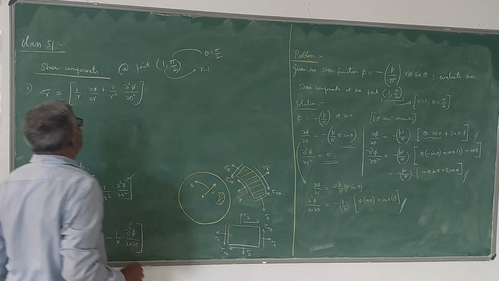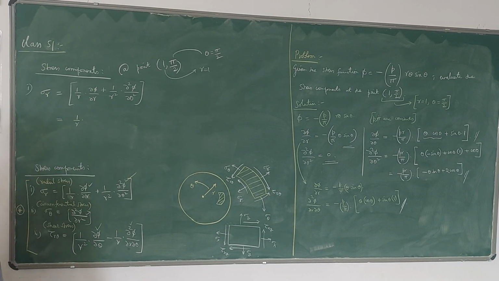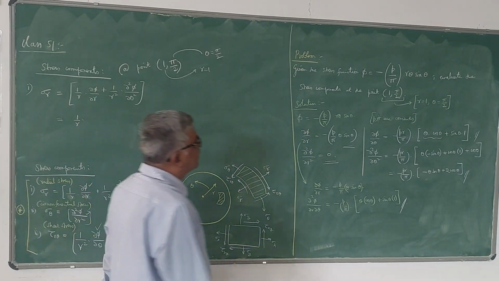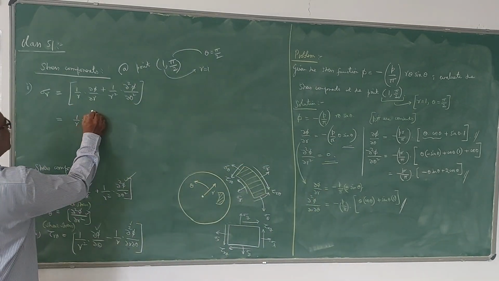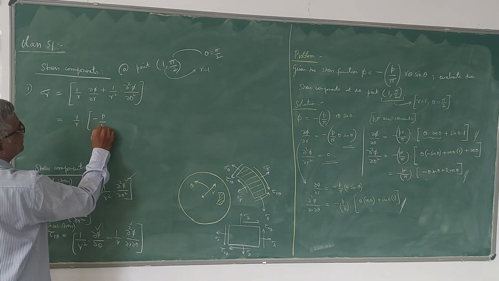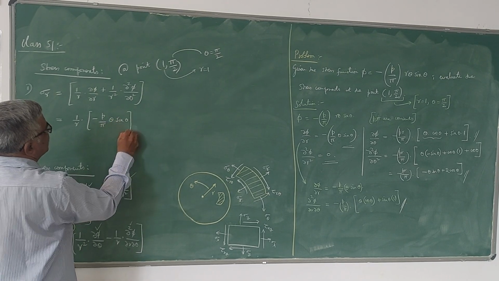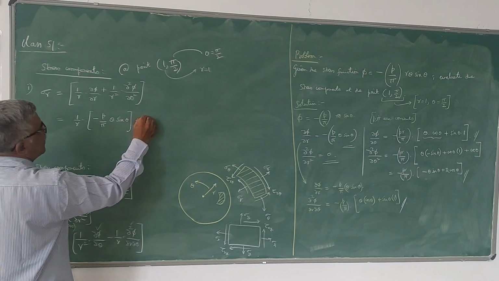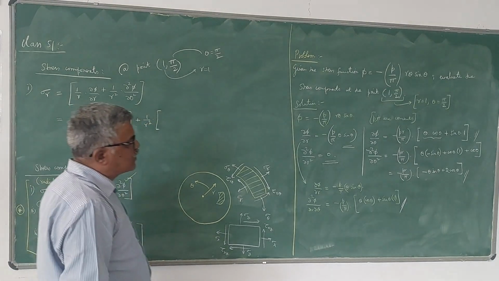Now substitute. First I will write the expression: 1 by r into what is ∂φ/∂r? This one. This I have to put: minus P by pi theta sin theta. Be careful with the signs. That is this. Plus 1 by r square into ∂²φ/∂θ² is this.